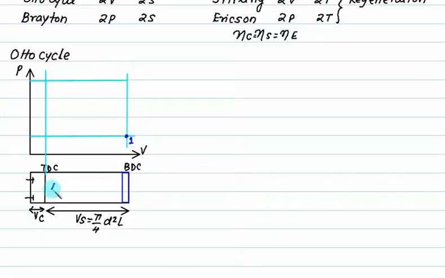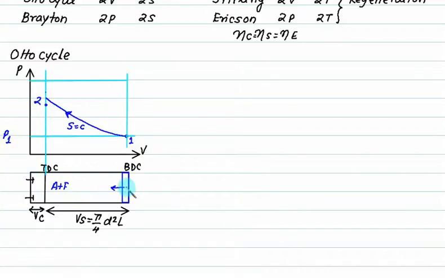Initially, this is filled with air plus fuel mixture at atmospheric condition, that equals P1. As the piston moves to the left-hand side, the air gets compressed, and this compression process continues till we attain a point equal to 2. So 1 to 2 is isentropic compression.